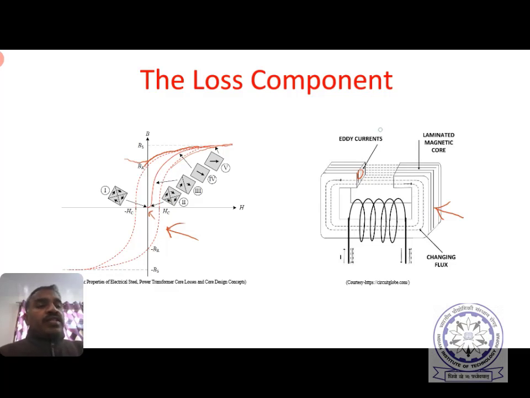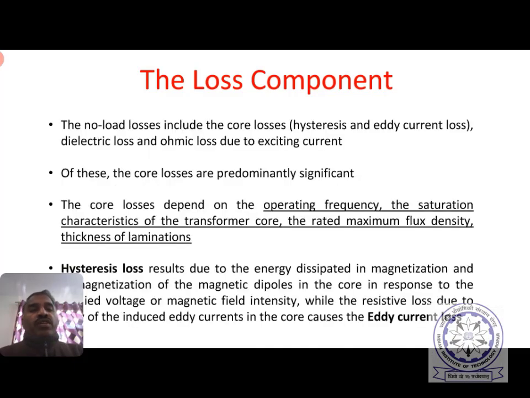So these currents are known as eddy currents, and eddy current losses will be taking place in the transformer core. So this is about the last component of the transformer no load current.